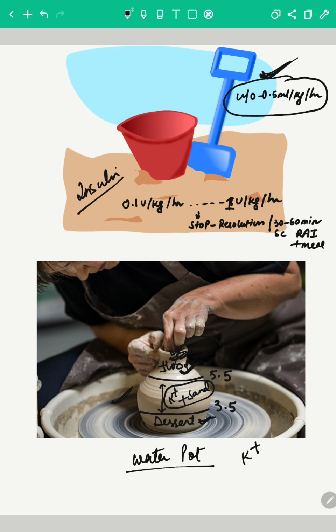We will start with a dose of 0.1 units per kg per hour, and it is to be increased by 1 unit every hour till the time the DKA gets resolved. That is all the criteria of anion gap and the pH that we had studied about, they all get reversed.